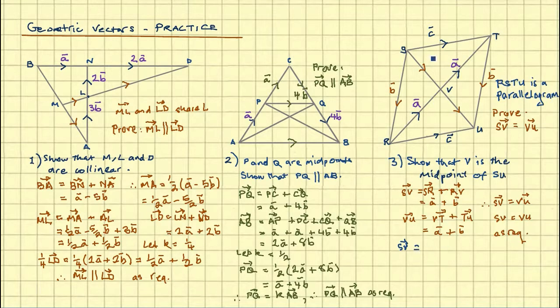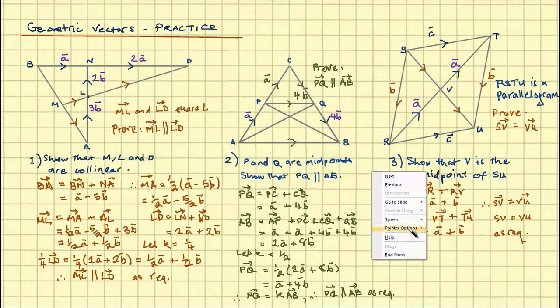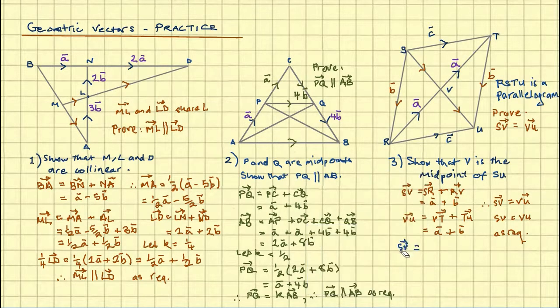So vector C is from S to T, so let's just define this as S to T. Well, we could go down from S to R and along from R to T. So this alternative way of thinking about the problem will give us B plus 2A, or 2A plus B.